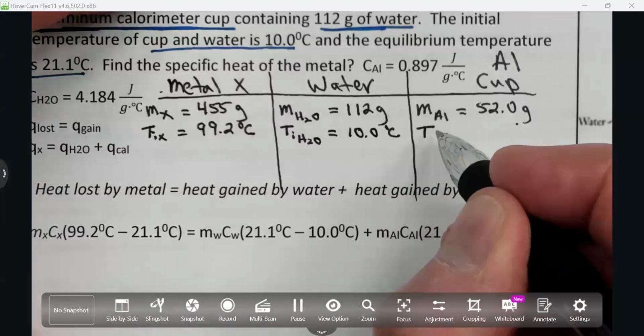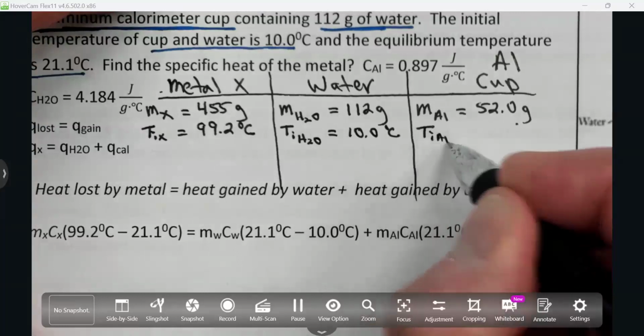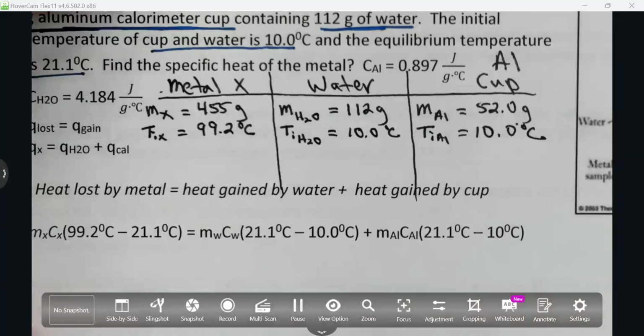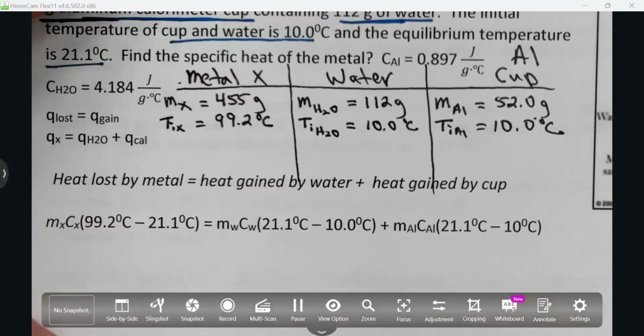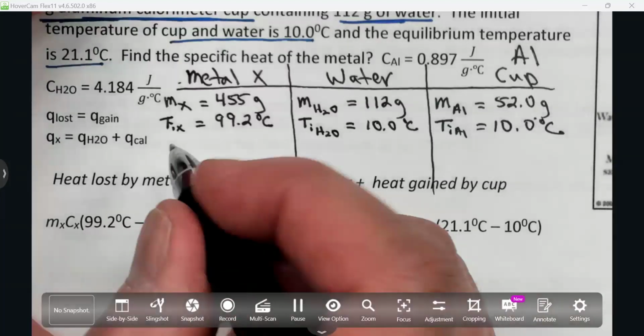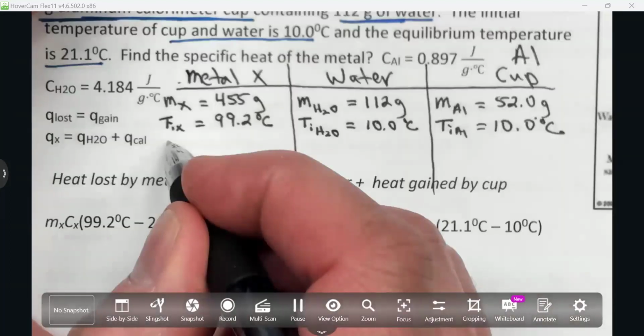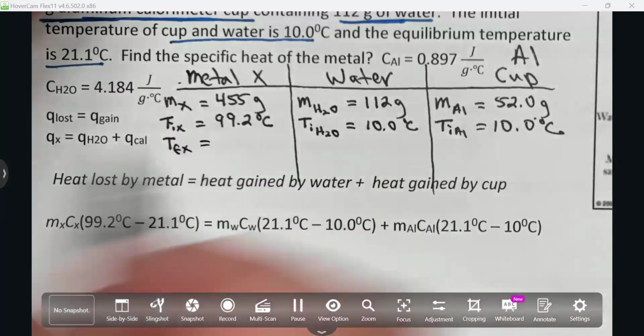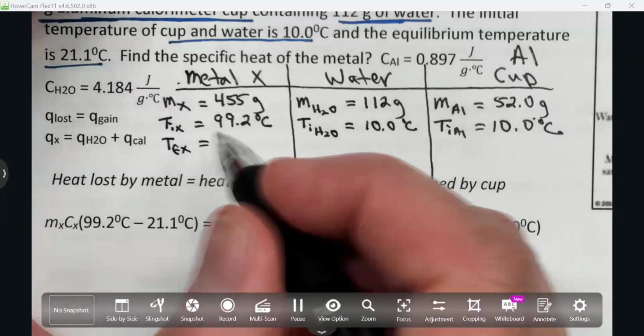And my cup also starts out at 10. My T final: they all end up at the same temperature.